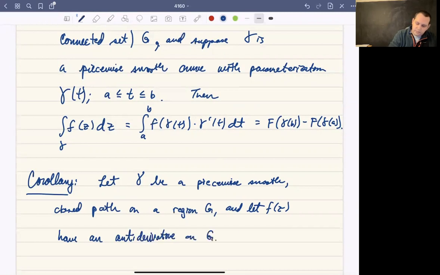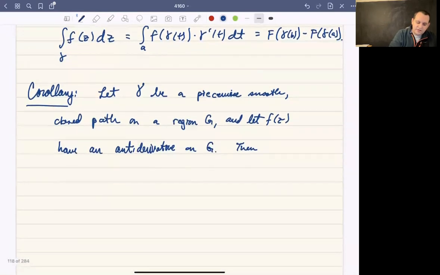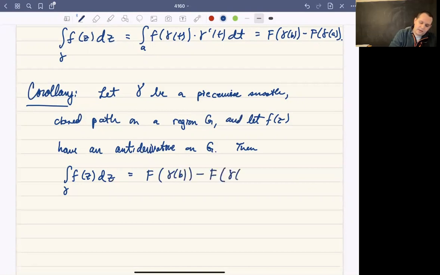So it's going to have an antiderivative on G. And if that's the case, then it turns out that the line integral, the integral of f over this path gamma, think about what this is going to be. It's going to be the antiderivative F of gamma of b minus F of gamma of a. But notice that since it's closed, gamma of b and gamma of a are actually the same.